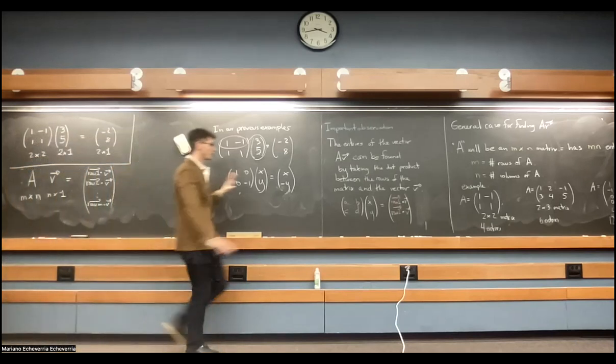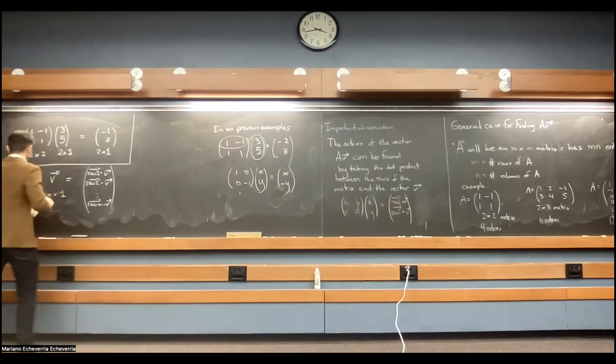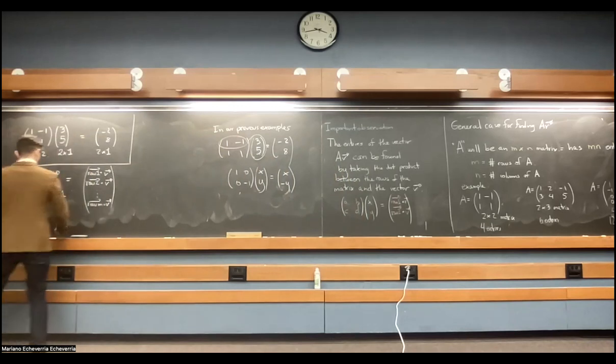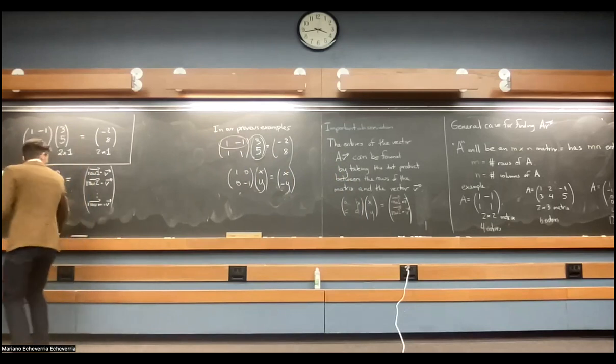So let me put that with a different color to emphasize it. This multiplication only makes sense when the number of columns of the matrix equals the number of entries of the vector. So let me write that down in words.